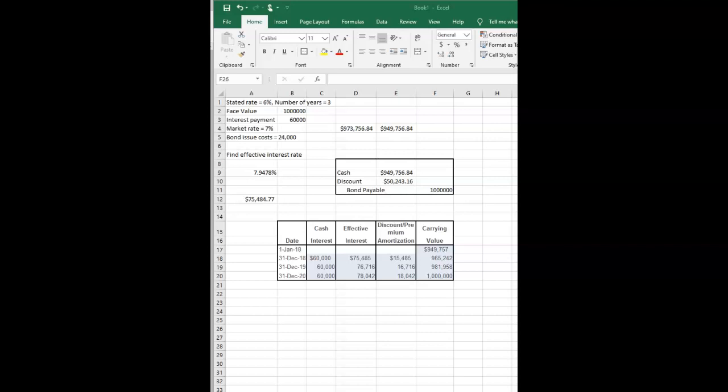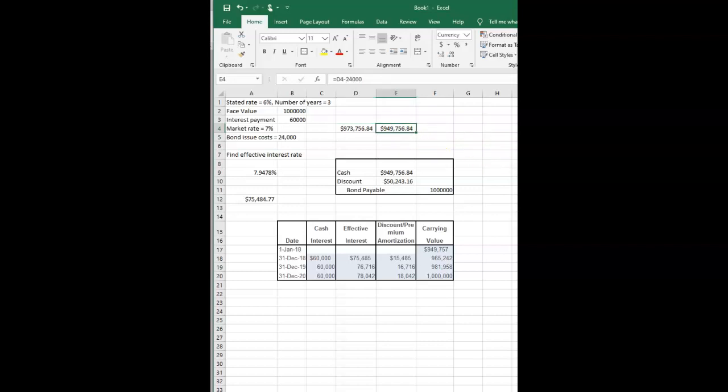The first thing we have to do is figure out what the bond issue price would be if there were no bond issue costs. So I used the present value calculation and plugged in using the 7% market rate, and I found a solution for that. The next step, we're going to take that amount and subtract out the bond issue costs.